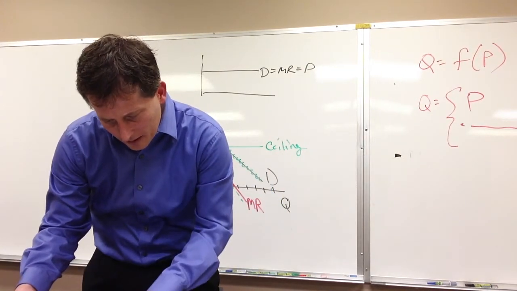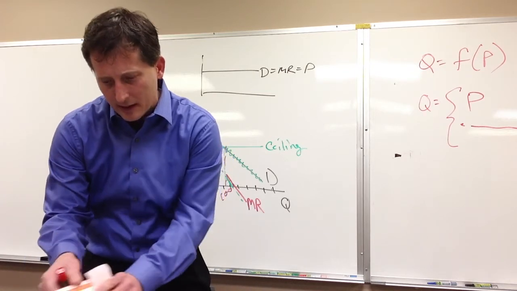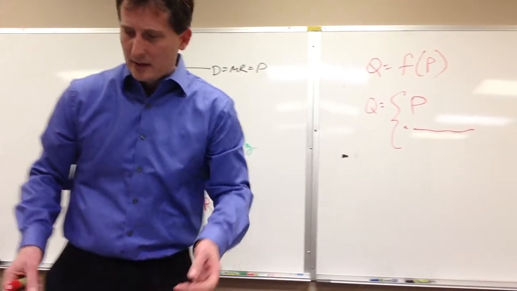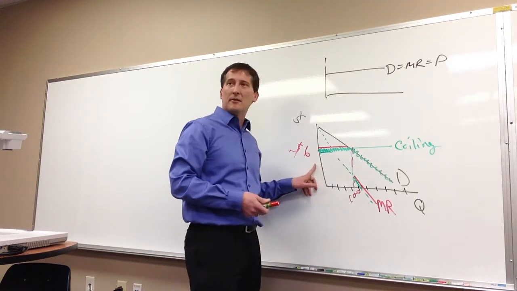Okay, so C was how many units will a profit maximizing monopolist sell when the price ceiling is in place, and at what price?